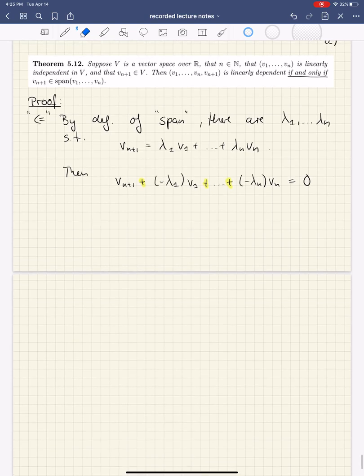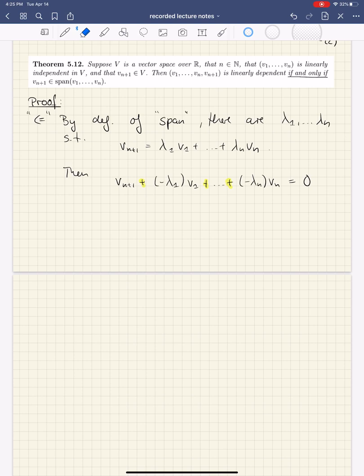Let me also add a 1 here, just to make it clear. Now as 1 is different from 0, this witnesses that this tuple is linearly dependent.